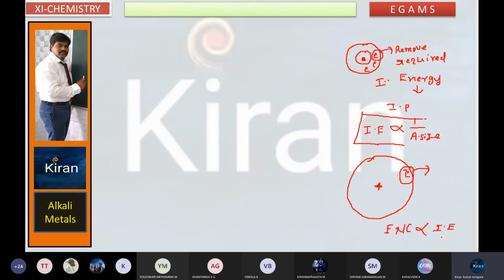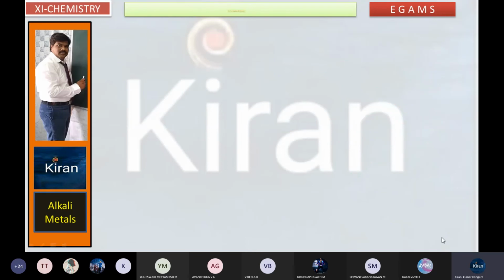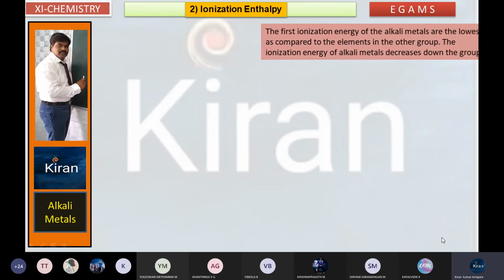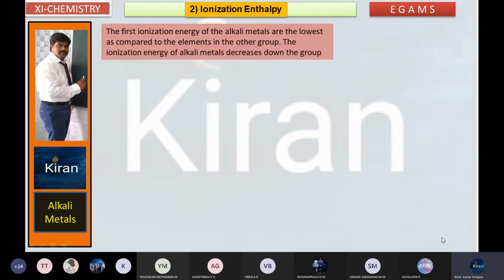Let us see in what way the alkali metals' ionization energy varies from top to bottom. The first ionization energy of the alkali metals is the lowest compared to the elements in other groups. The ionization energy of alkali metals decreases down the group.